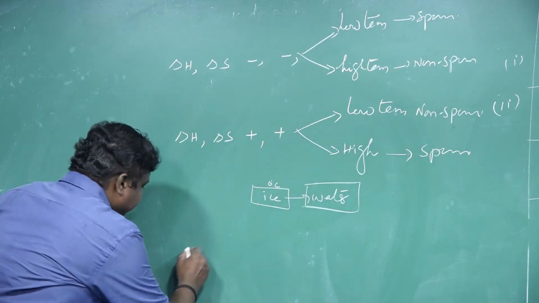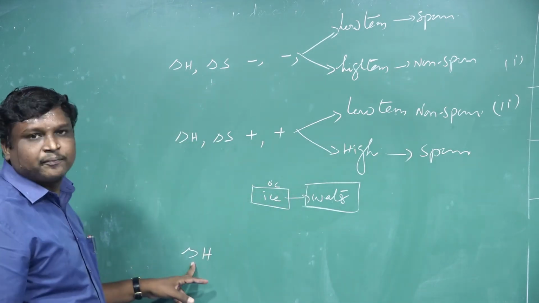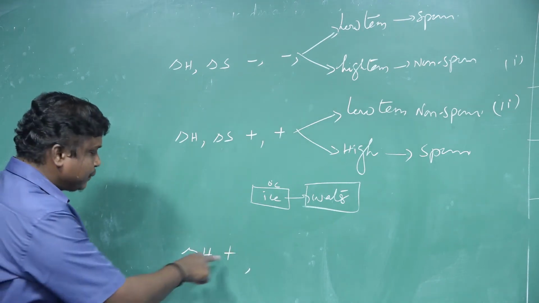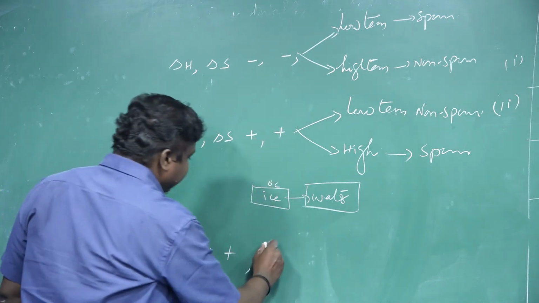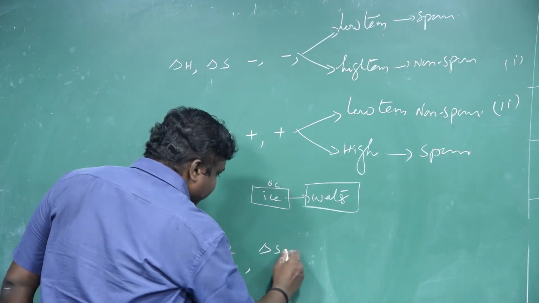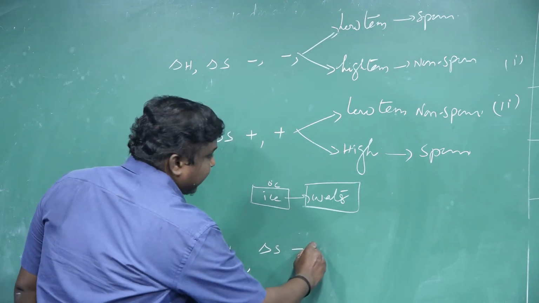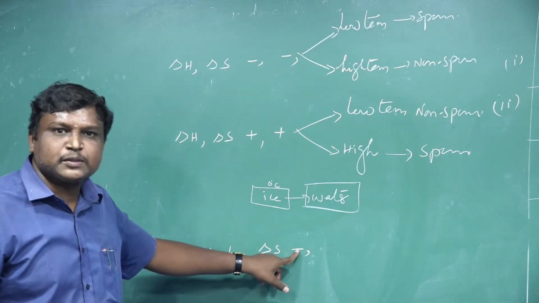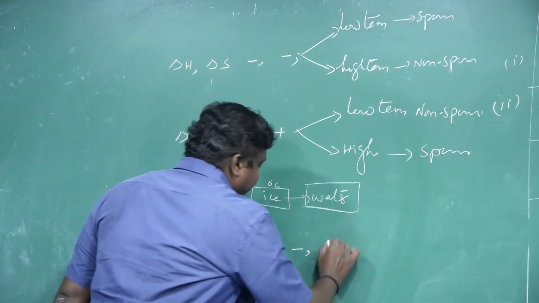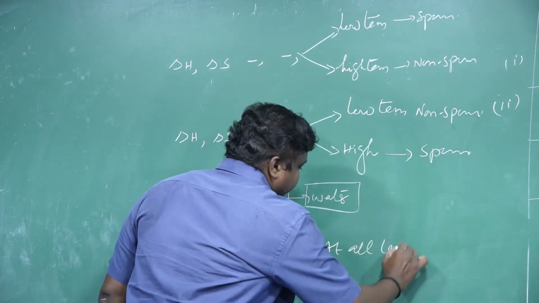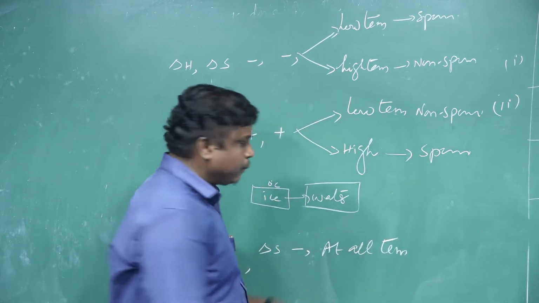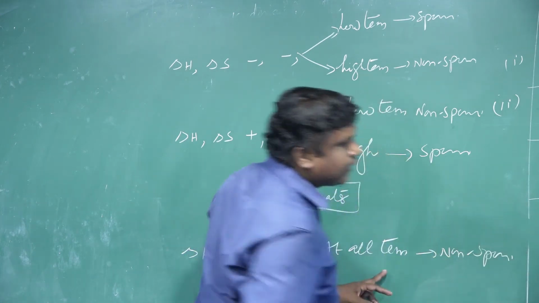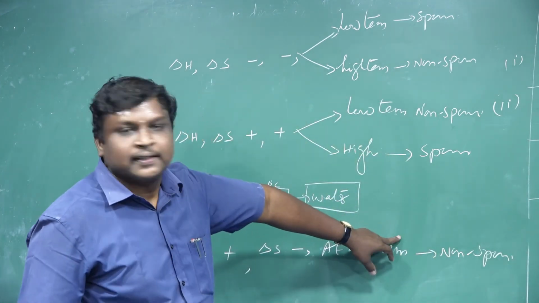Next, del H is positive and del S is negative. At all temperatures the reaction becomes non-spontaneous.